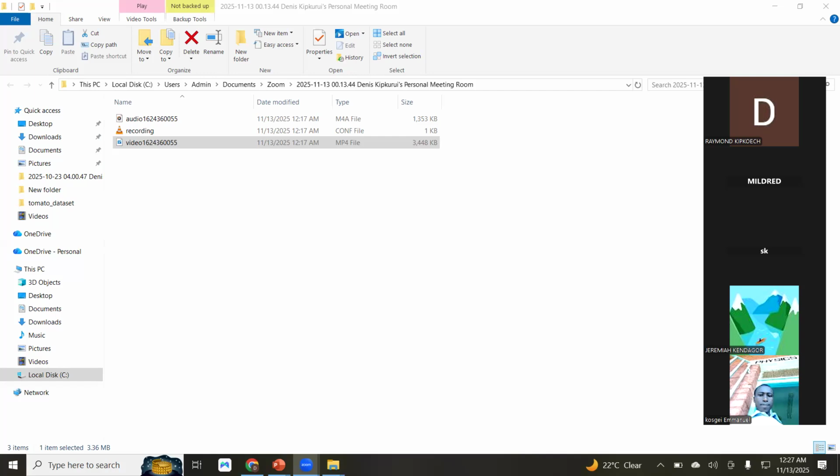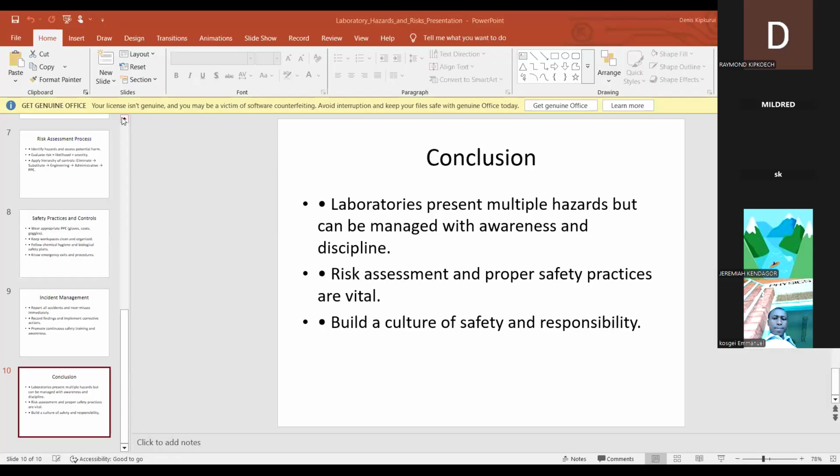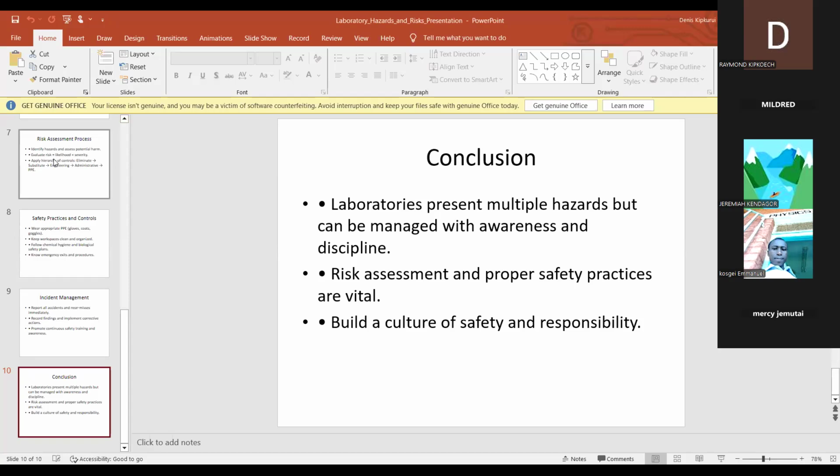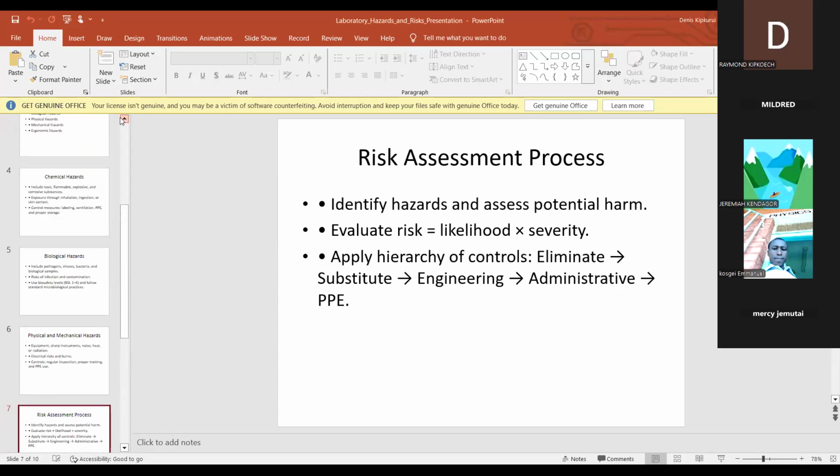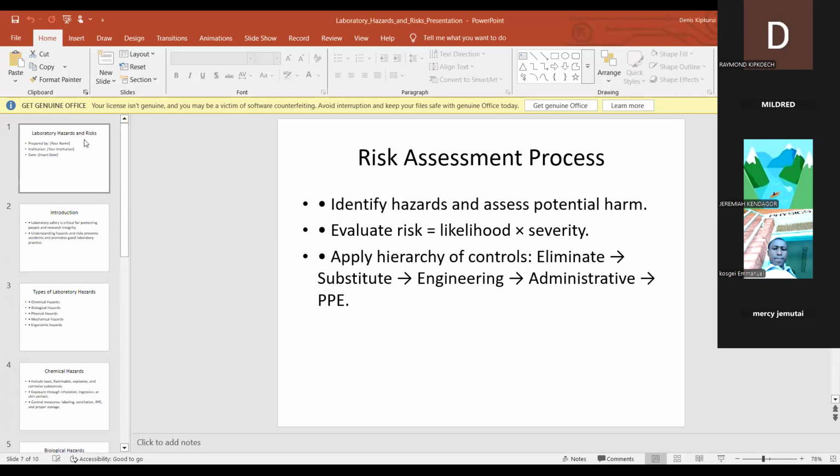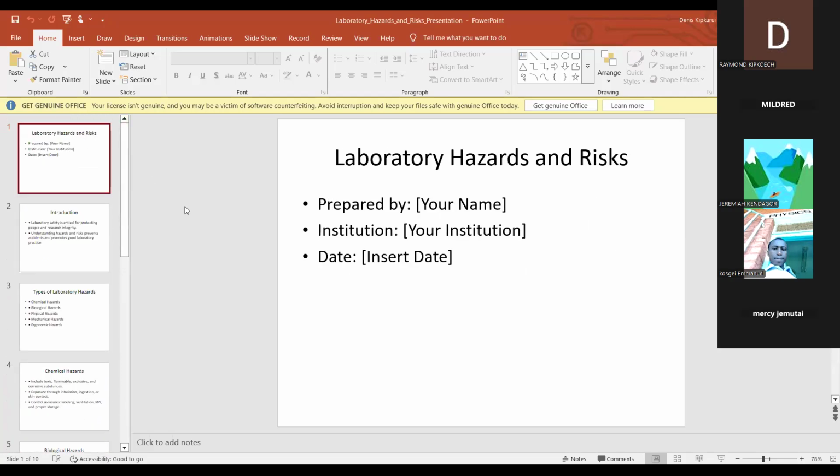By the way, our learning outcomes for today are: you should be able to define what a laboratory waste is, and secondly, you should be able to describe the laboratory waste disposal routes. So anybody with any idea of what a laboratory waste is? Just unmute and say something.